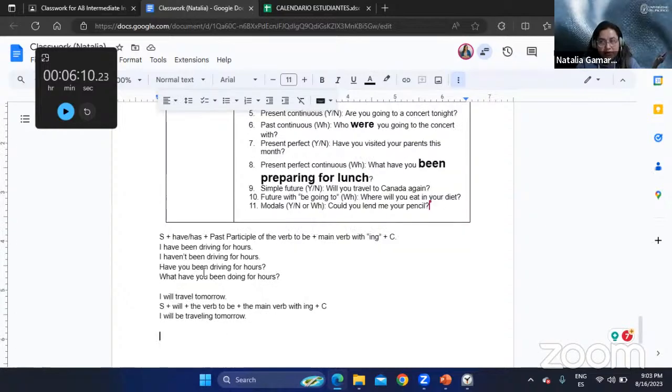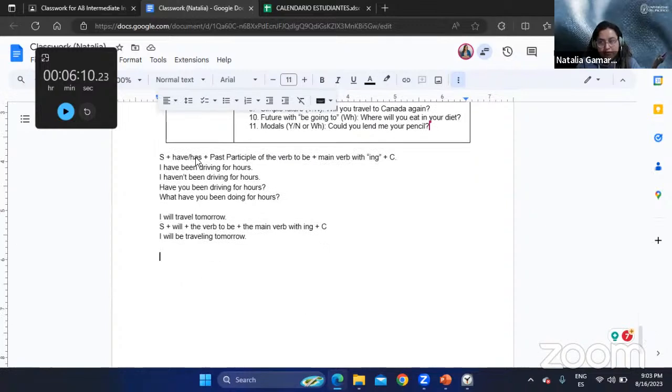I am preparing, or I am cooking rice for lunch. Perfect. Now let's use the same example for all the tenses. So I'm preparing, or I'm cooking, or I'm making rice for dinner.